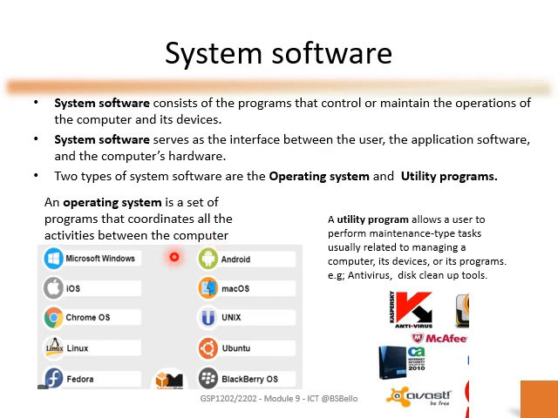These are some examples of operating systems: Microsoft Windows, Apple iOS, and Chrome OS. Other operating systems include Ubuntu, Unix, Mac OS, and Android OS. You could easily remember that your mobile phone could be Android, iOS, or BlackBerry OS.